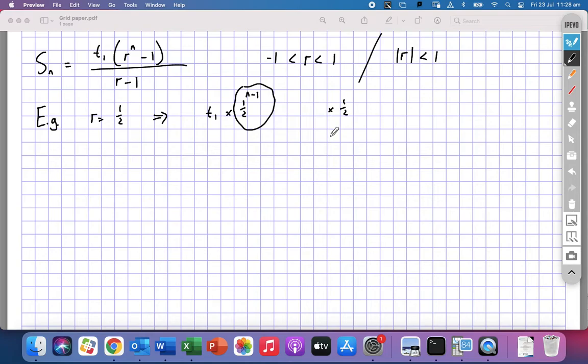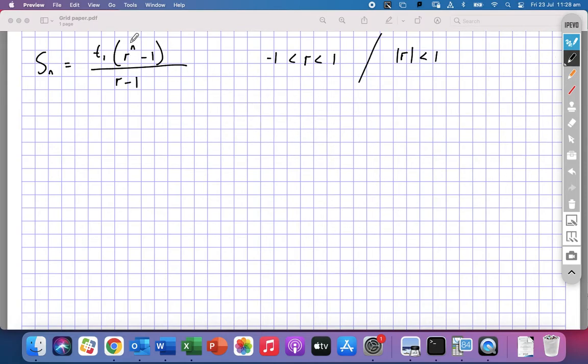Then you're going to be timesing by a quarter, then by an eighth, then by a 16th, then by etc., right? This value for what you're multiplying by for your terms is getting smaller and smaller and smaller as the powers increase. Okay?